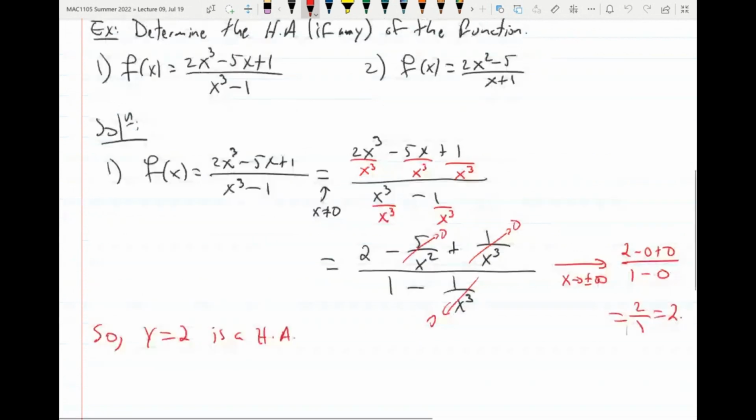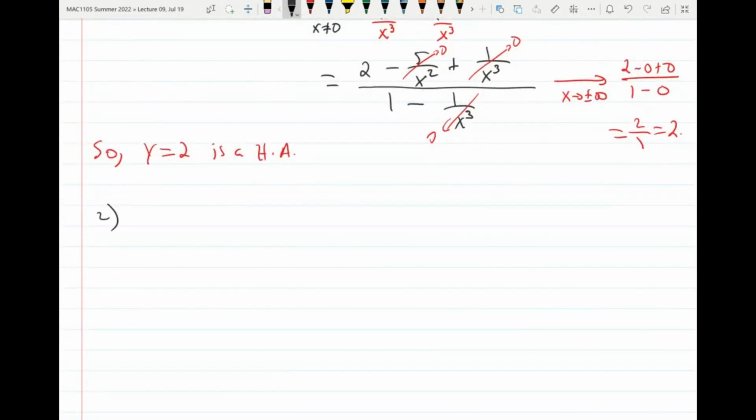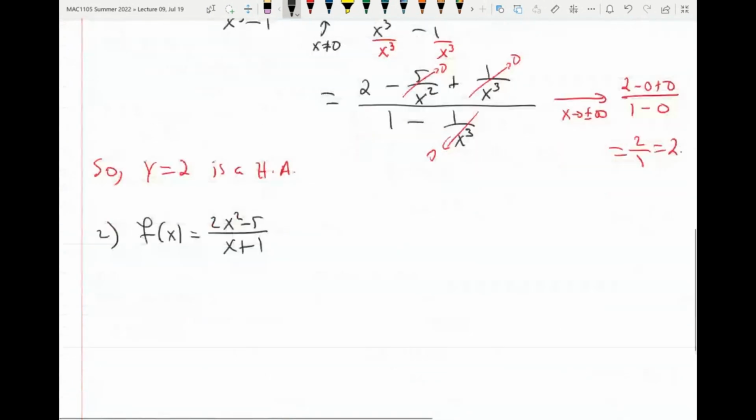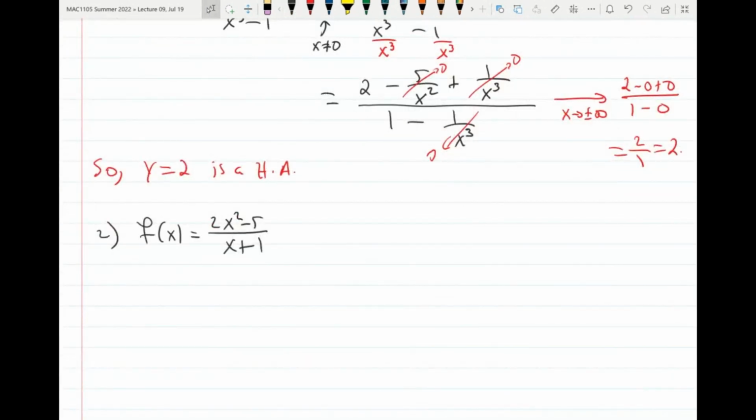So now let's try number 2. For number 2, we have f of x equals (2x squared minus 5) over (x plus 1). This time the degree of the top is bigger than the bottom. Again, let's play the same game. Assuming x is different than 0, we divide by the highest power, which happens to be x squared.